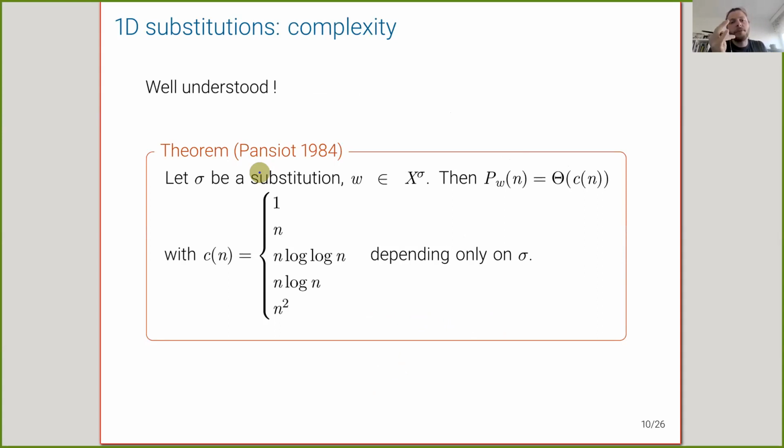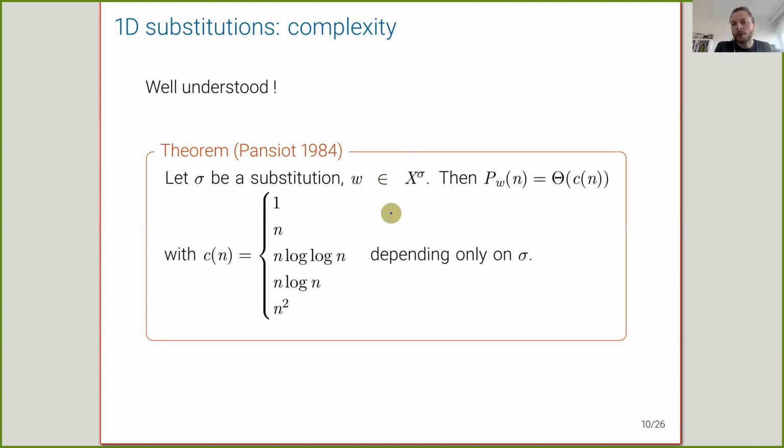The complexity of these one-dimensional substitutions are quite well understood. Maybe the result that sums up pretty well what we know is this theorem by Pansiot, which classifies all the possible complexities that you can have for the words of the subshift X sigma.